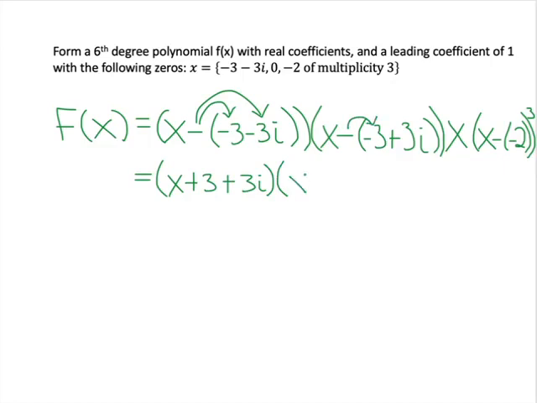So I've got x minus -3 is plus 3. And then negative times positive 3i is going to make minus 3i. Times x times x minus -2 is plus 2 cubed.